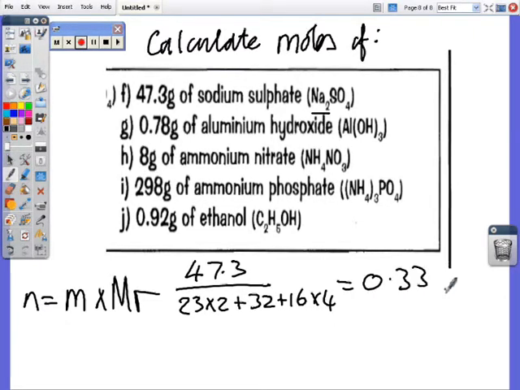And that gives you a number of moles of 0.3 moles. So in 47.3 grams of sodium sulfate you have 0.333 moles. Again, write it to 3 significant figures, please.